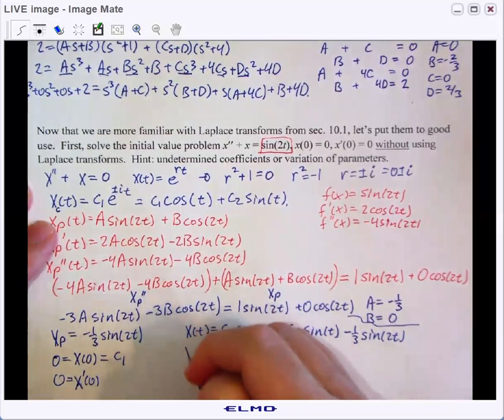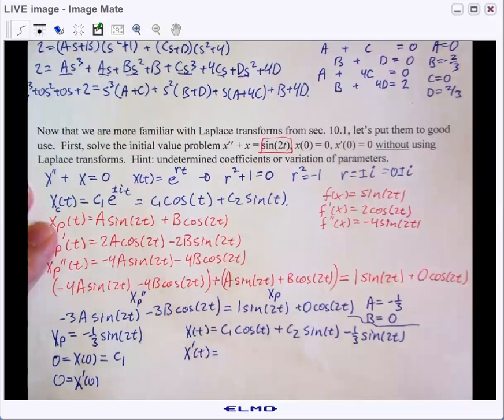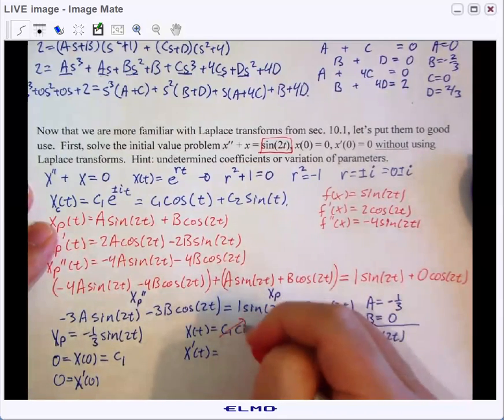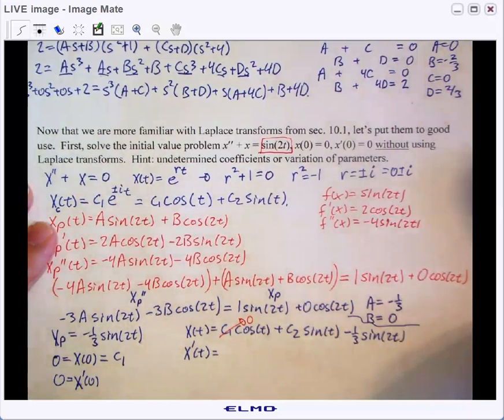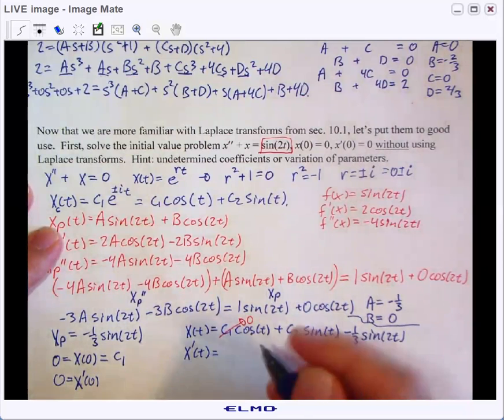So let's do the derivative here. X prime of t is going to be, well, if we know that c1 is 0, let me just note that here. So this guy's 0, so that term isn't going to happen. So great news is we can take this guy and do his derivative. The derivative of c2 times sine of t will be c2 times cosine of t.